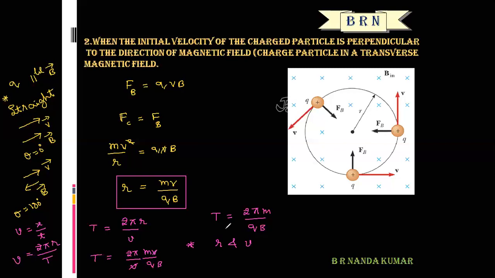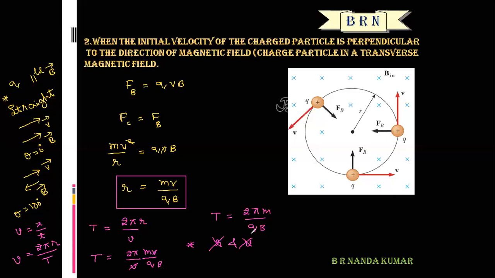So look at this mathematical expression: T is equal to 2 pi m divided by qB. That means the time period of a charged particle does not depend on the radius and even the speed.